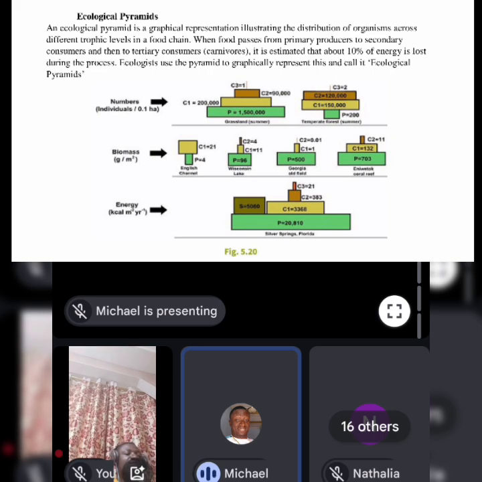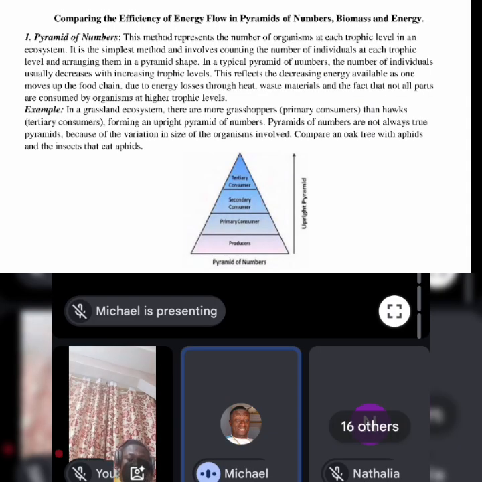So 200,000 feeding on them. Then in turn, how many fowls are we getting? Let me even say lizard, because we can't get 90,000 fowls in such a field. Maybe how many lizards are we getting? 90,000 of them. So this means that there will be enough grasshoppers for the lizards to feed on, and there will be enough grass for the grasshoppers to feed on.